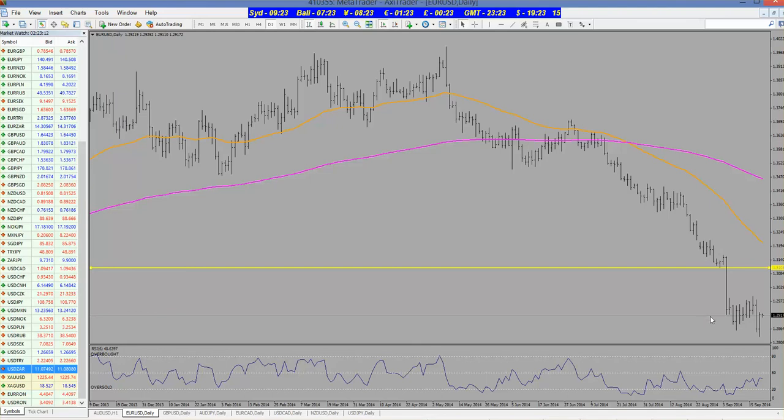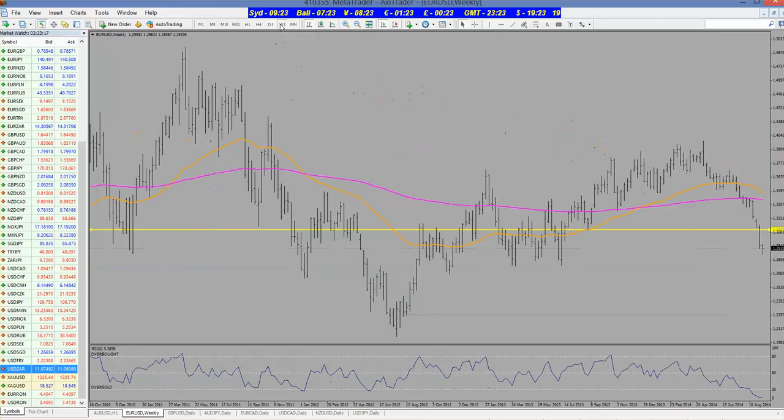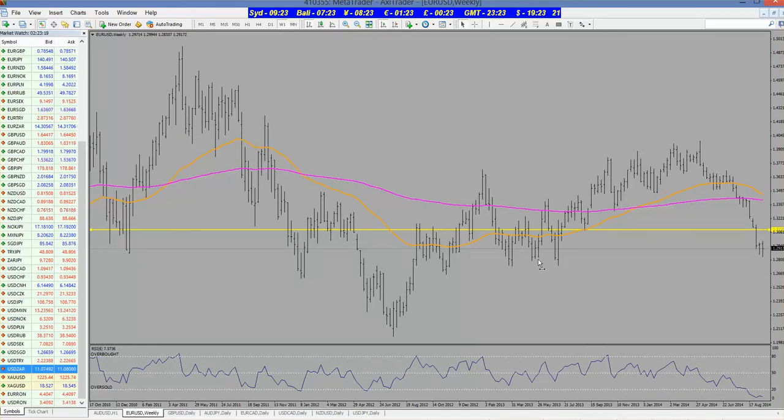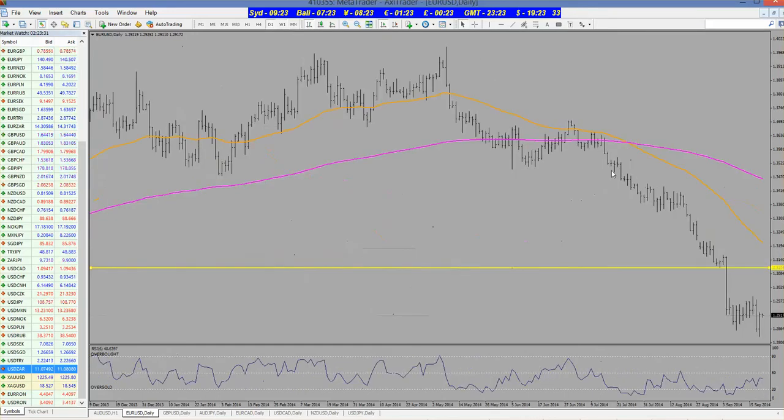But it's under a lot of pressure and could easily head down to these levels here, 125 area, 127. Which would be good for their economy, but there's divergence.